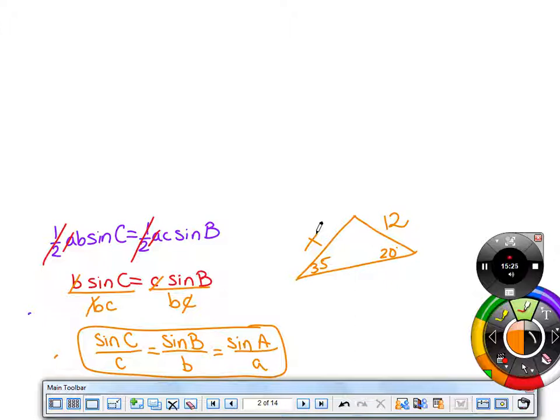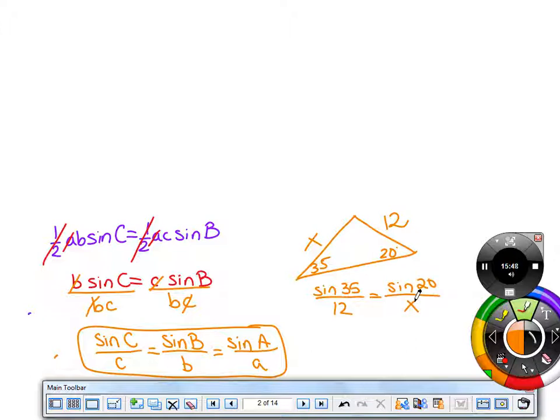Because sine of an angle divided by the side across from it equals sine of any other angle divided by the side across from it. That would give me an equation, a proportion, right? Where I would have the sine of 35 divided by 12 should equal the sine of 20 divided by whatever x is. I can solve that proportion.